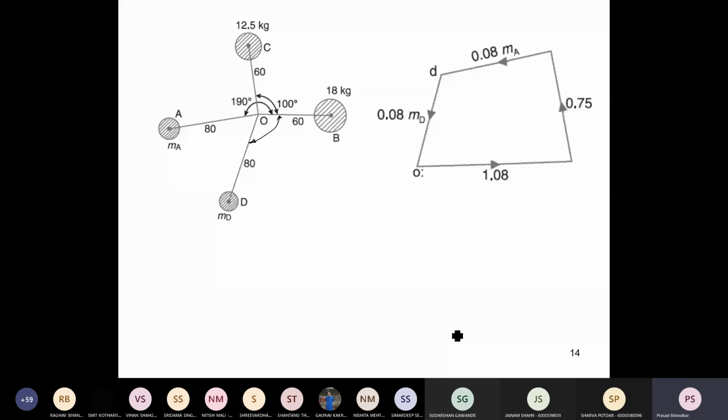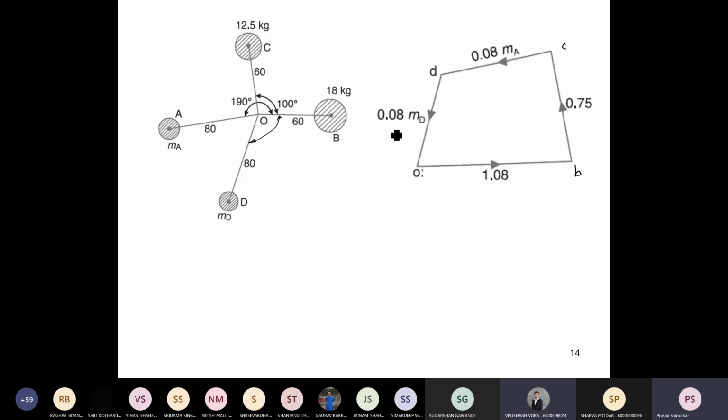Sir, this must be where D is written. There should be A, right? Because we considered the angle of A. In this fourth polygon, this is OB, this is BC, this is CD, and this is DO.